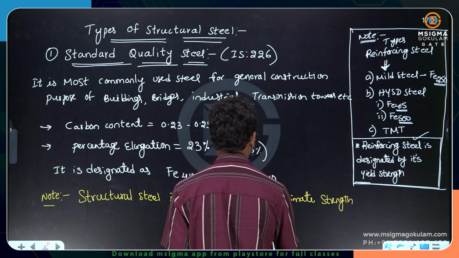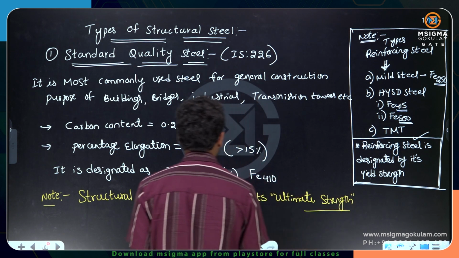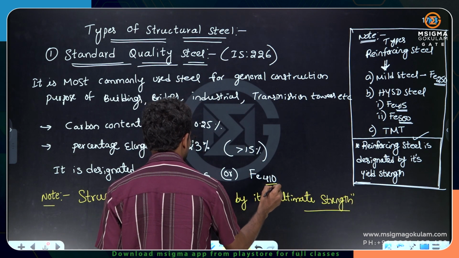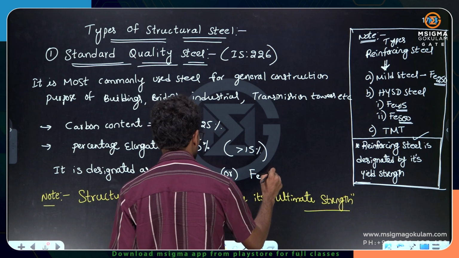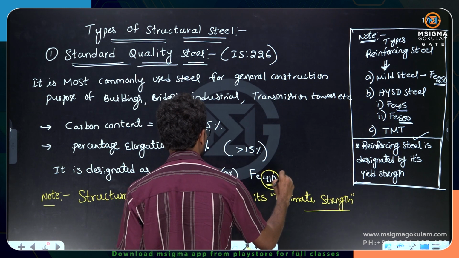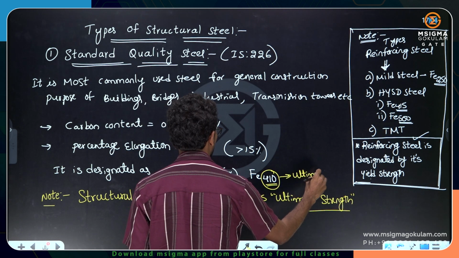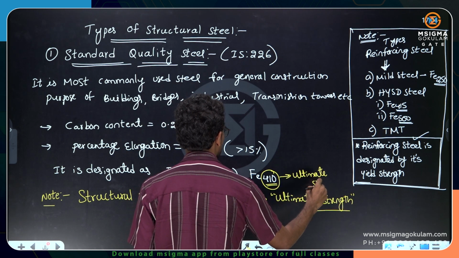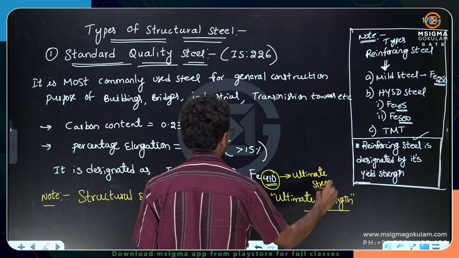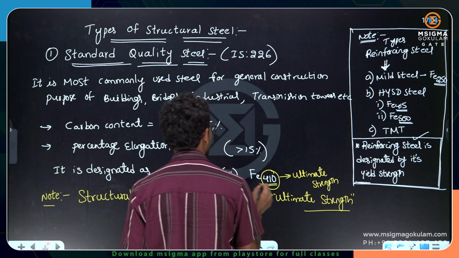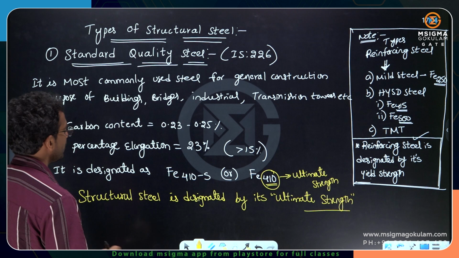Please understand this. This 410, whatever the number you see here, this number is the ultimate strength. So please remember this. 410 itself indicates the ultimate strength.